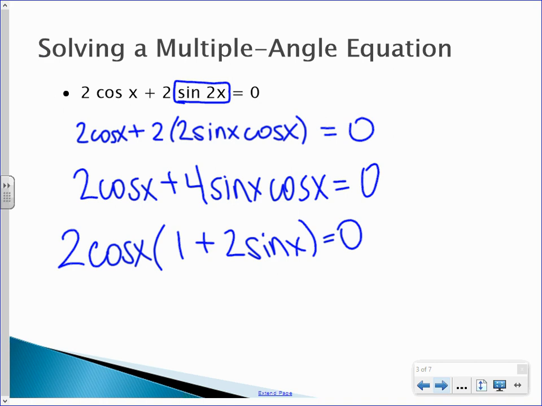Okay, so it's pretty familiar now, right? Now we have 2 cosine x equals 0, and 1 plus 2 sine x equals 0.